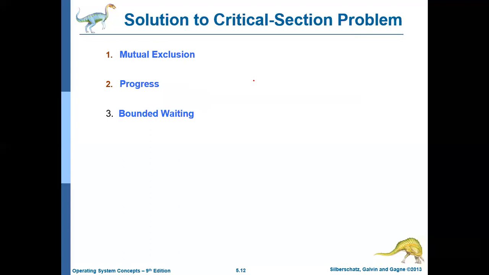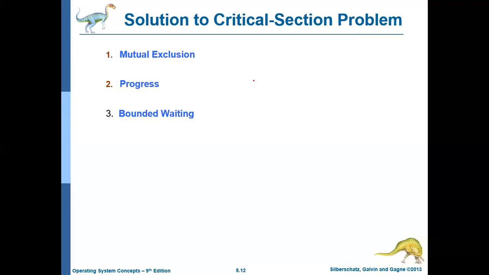So basically there are three conditions: mutual exclusion, progress, and bounded waiting. Mutual exclusion means if one process is in the critical section, then other processes should not be allowed to enter the critical section. Progress means if no process is in the critical section and some processes want to enter, then the decision whether a process should be allowed to enter the critical section or not should not be postponed indefinitely.